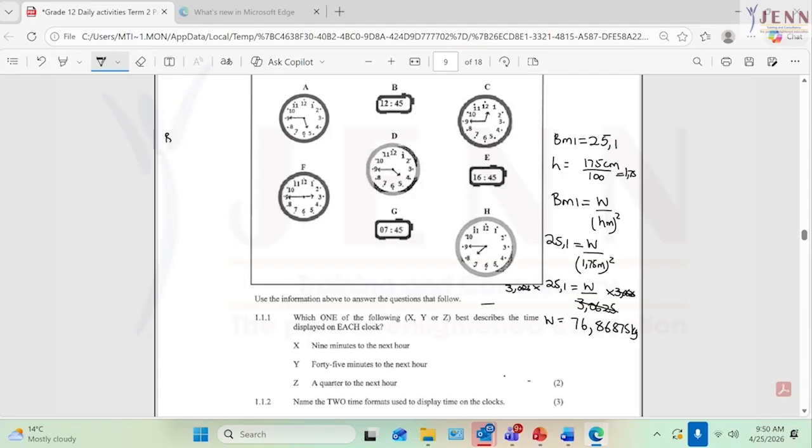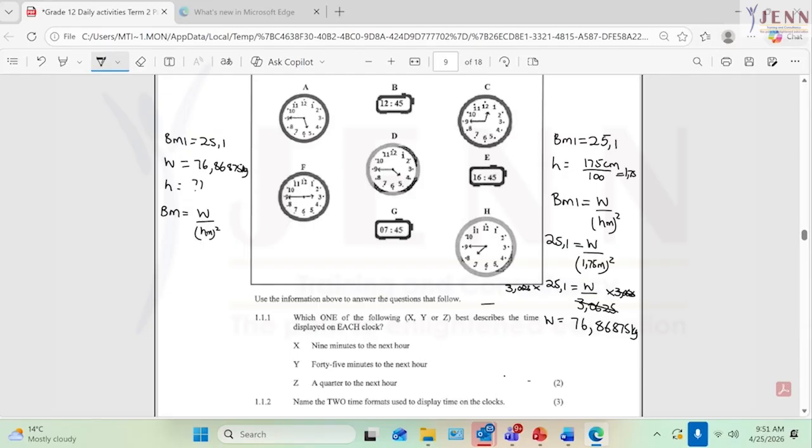We have a BMI of 25.1 and now we assume that we have the weight of 76.86875 kilograms. Now we have to find the height of this young man. Remember, we are expecting to get 1.75. What we do, always start with the standard formula. BMI is equal to weight over height in meters squared.